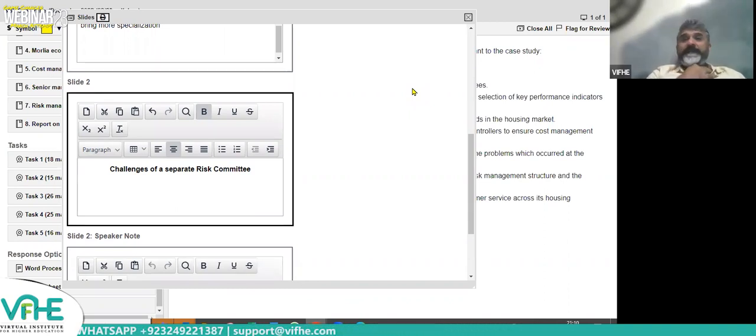You can find HR people, but risk management is a very specialized area. So one general challenge we always face in forming a risk committee is that we struggle to find people with good risk management experience. So that could be a challenge in recruiting or identifying a director with relevant risk management experience. That's one.